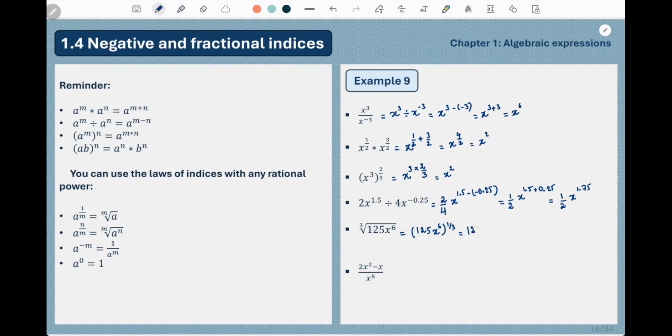So I'm going to have 125 to the power of 1 over 3 times x to the power of 6, with the power of 1 over 3 on both. I'm going to use brackets because there's another power involved, just so we don't mix everything up. Now 125 to the power of 1 over 3. You're allowed calculators in the exam, but you can notice that 125 is 5 to the power of 3.